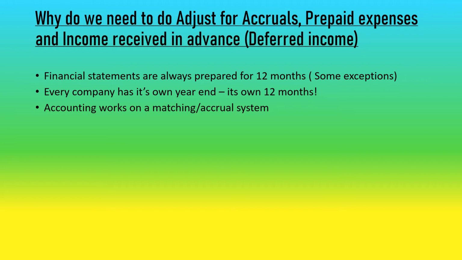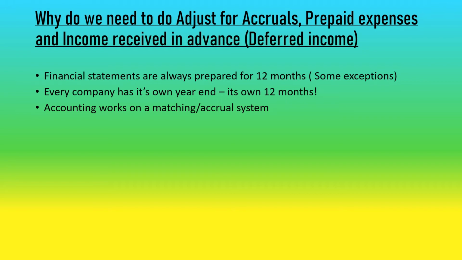Be mindful that accounting works on a matching and accrual system. What that means is that it records everything that happens in the year. It must be recorded in that same year. You cannot record something that happened last year in this year, or something that's happening for the future in this year.